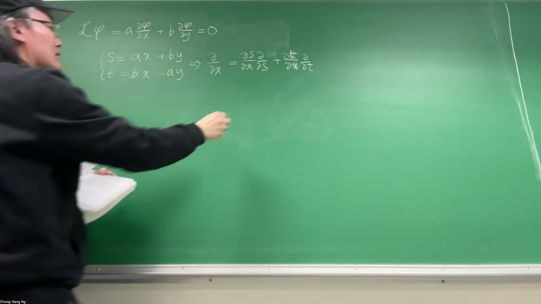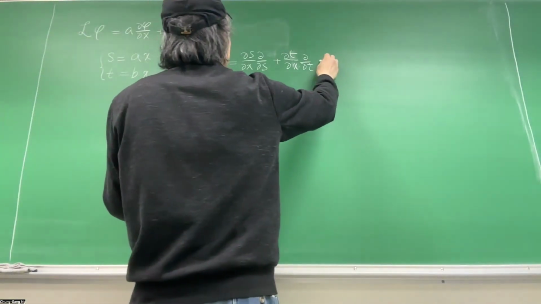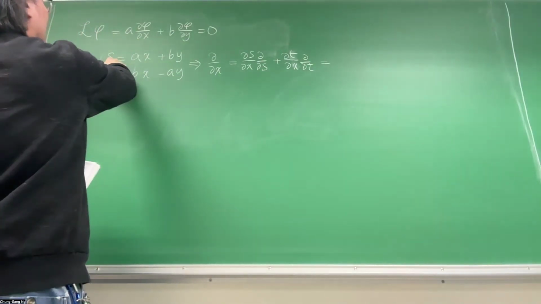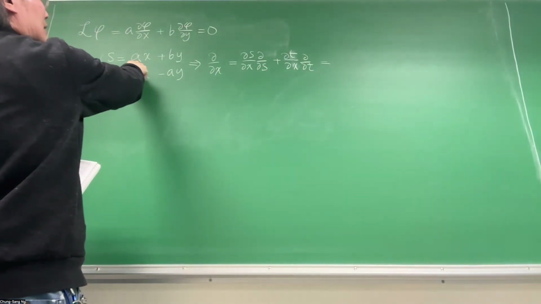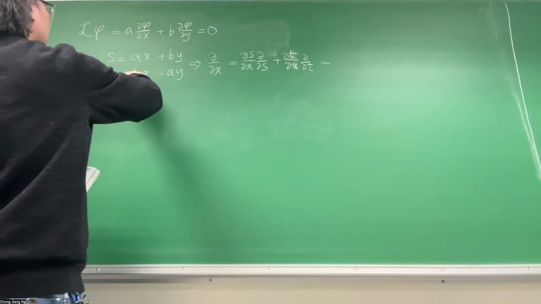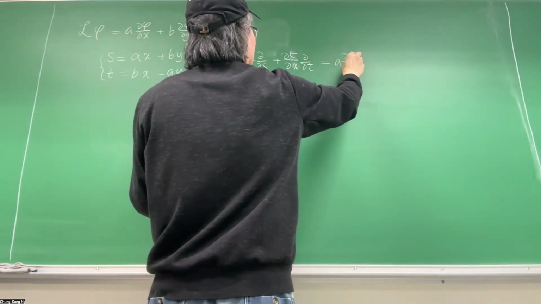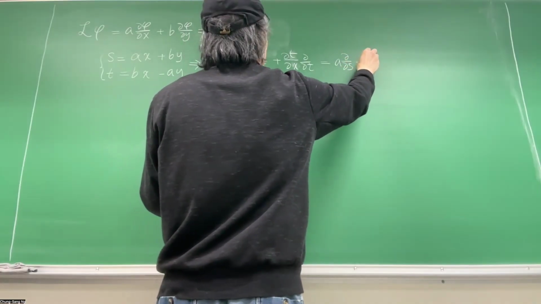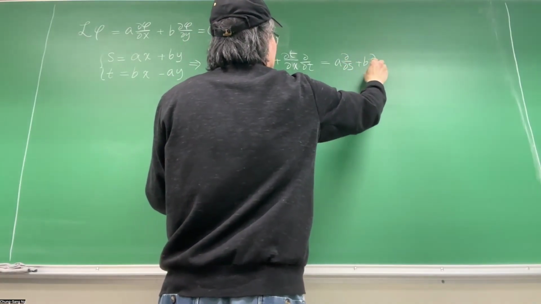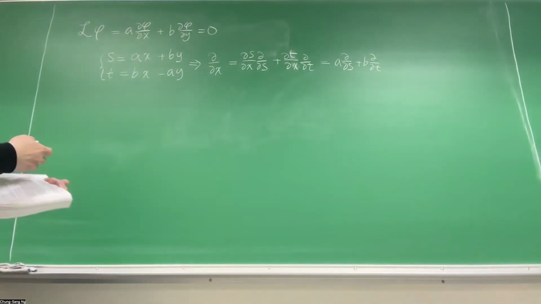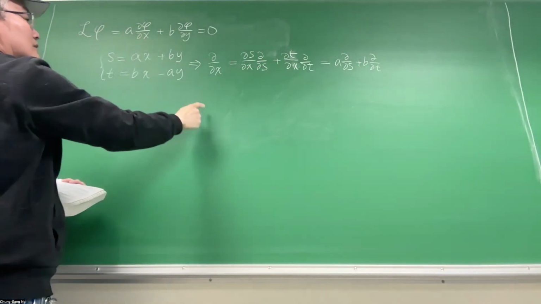Then partial s, partial x is a, and partial t, partial x is b. Okay, so that's the first derivative.